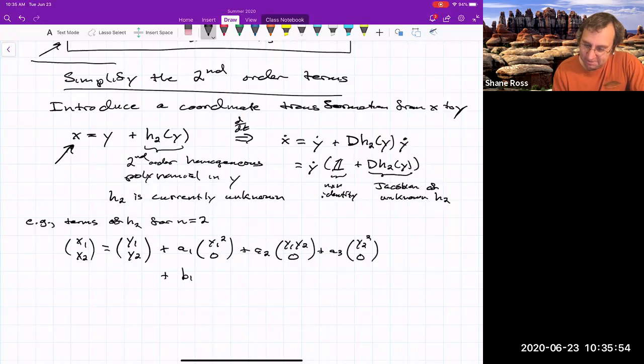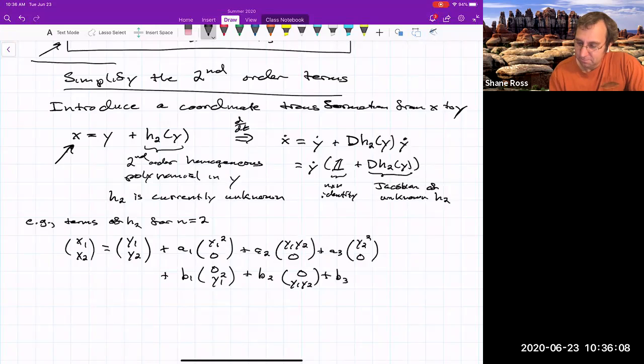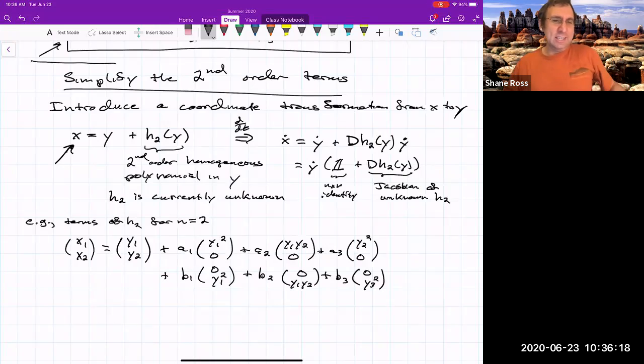Hopefully you get the idea. And then there's three more. It's the same second order terms, but in the second slot. So plus B1, plus B2 y1 y2 in the second slot. That's it. And then you could just solve for the A's and B's. We're going to do this a different way.